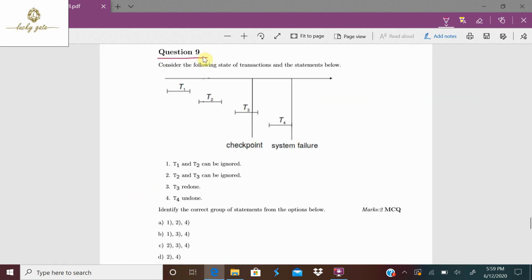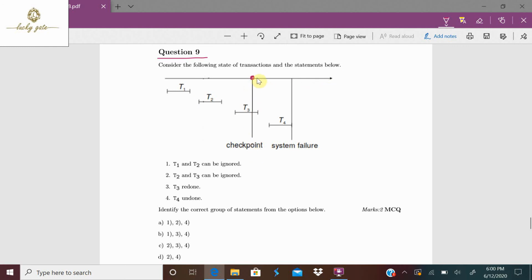Question number 9. Consider the following state of transactions and the statements below. Some diagram is given. Here this is an example of checkpointing techniques.